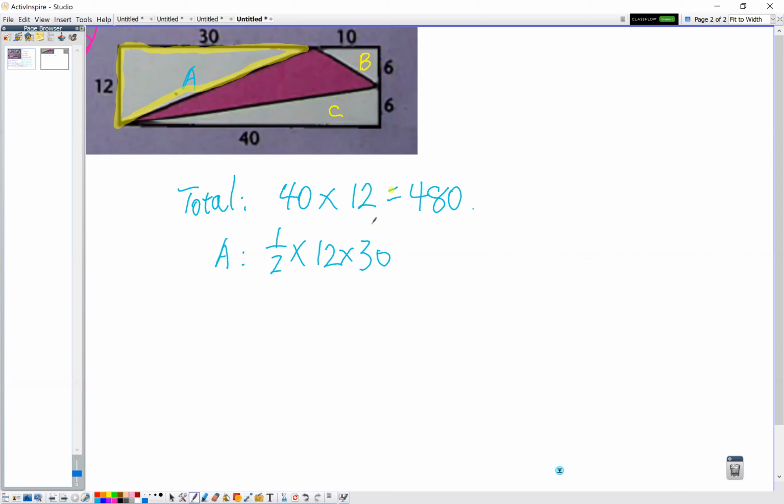So this is half of 12, which is 6. 6 times 30 is 180.